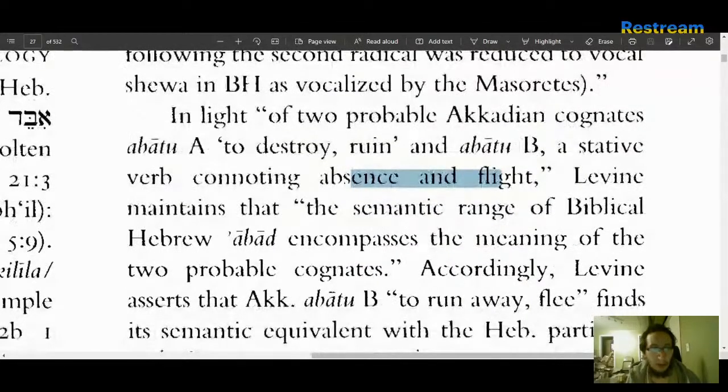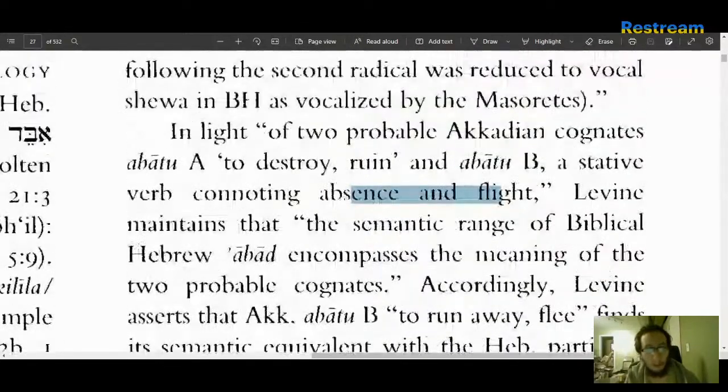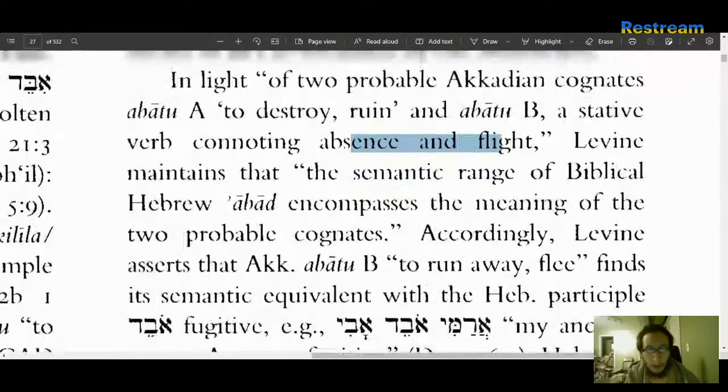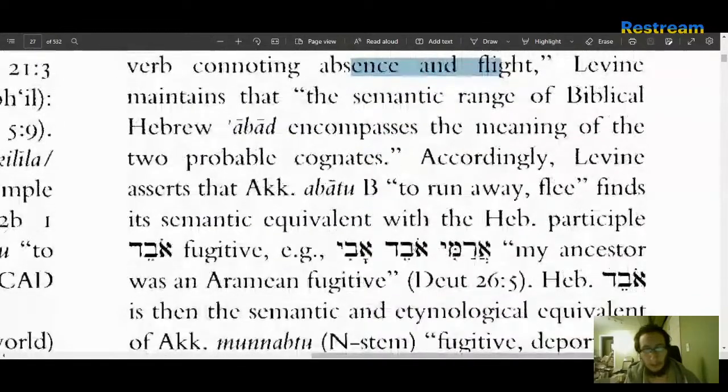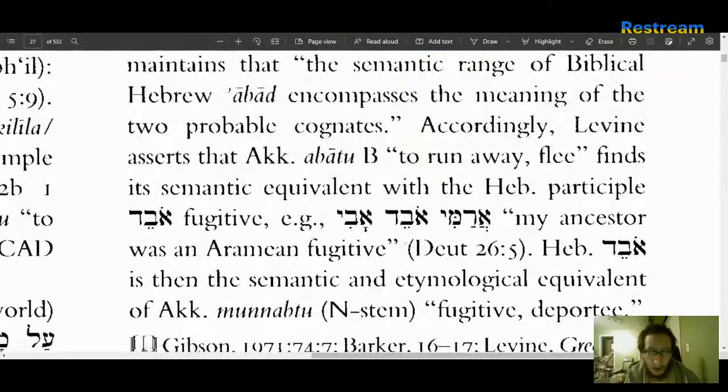But I don't think there needs to be two different roots. I think it's the same root word, lost, but it can mean destroyed lost or it can mean location lost.